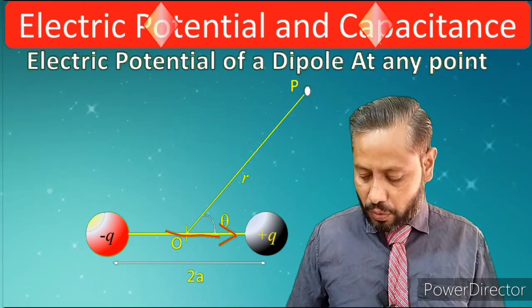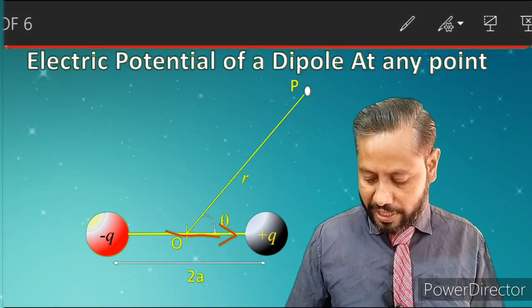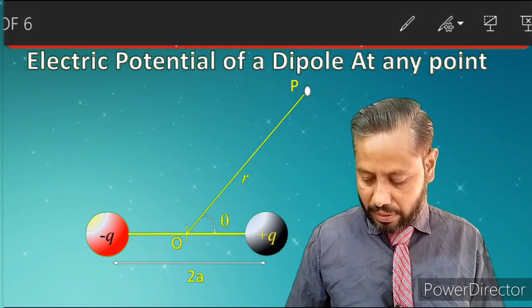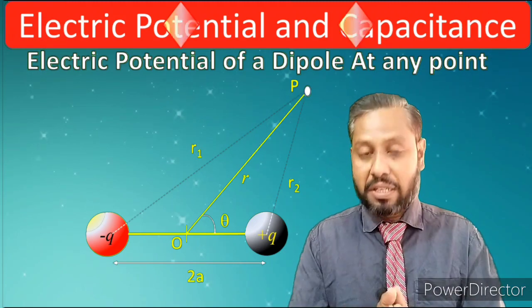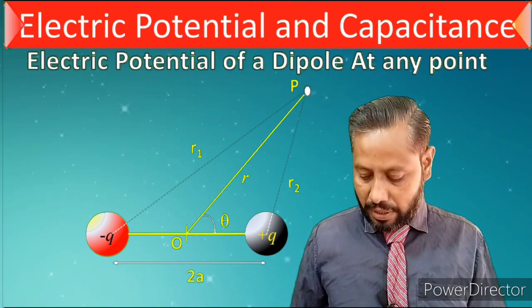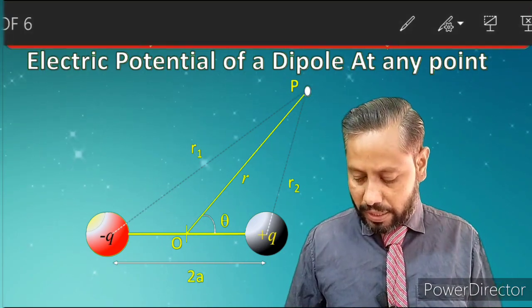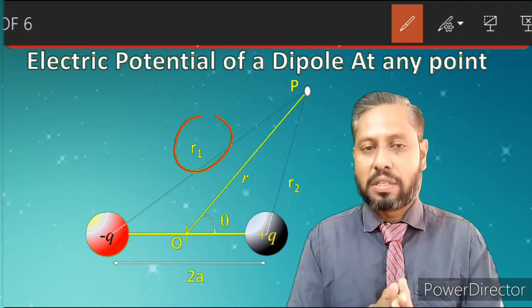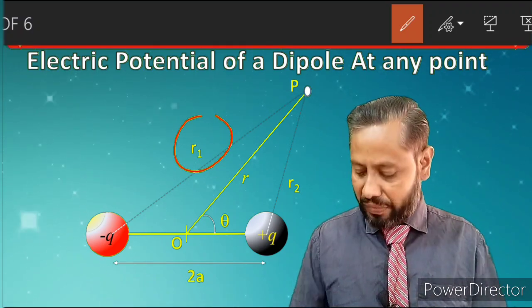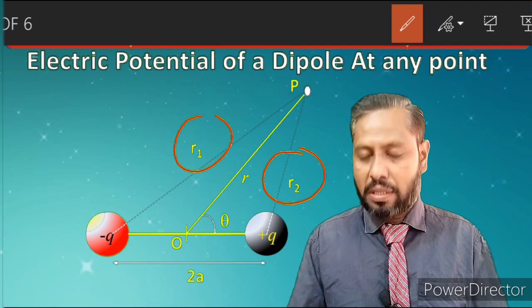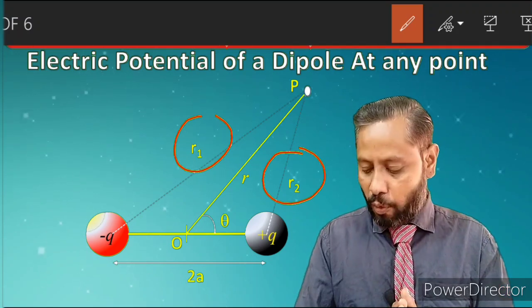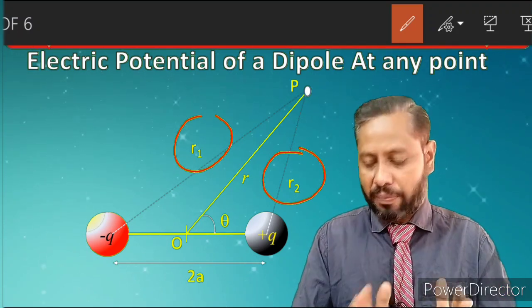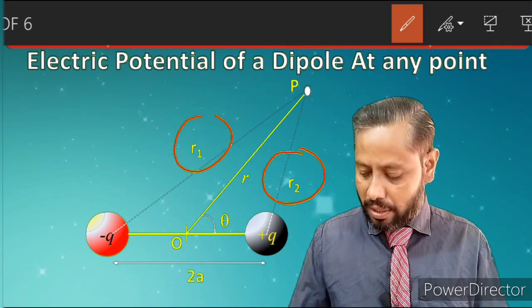Further, for simplicity, let us connect the lines joining the charges and that point P, and suppose r1 is the distance of the negative charge from point P, and r2 is the distance of the positive charge from point P. This is the preliminary information that we want here.